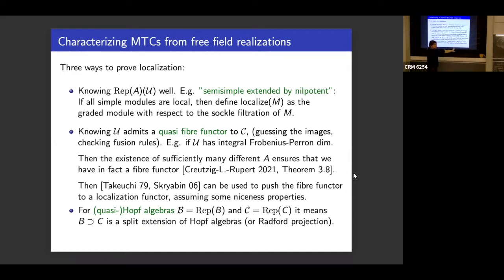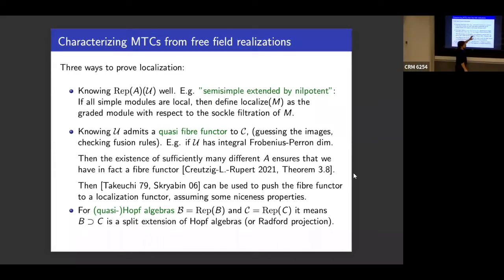If we have the statement that all simple modules are local, which is true for a triplet, for example, but not for usual orbifolds, then we can define localization just by taking the graded module with respect to the socle filtration. So if the twisting comes from a nilpotent thing and the category itself is semi-simple, then they don't talk to each other. And that's why I hope you get these trivial orbifolds in a sense, much easier than you would get for finite G, because you have this property.